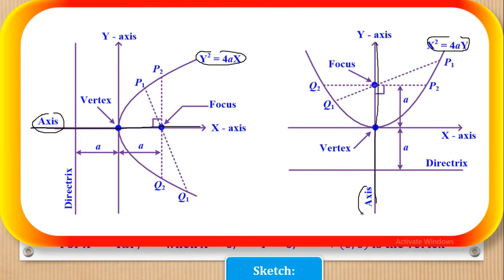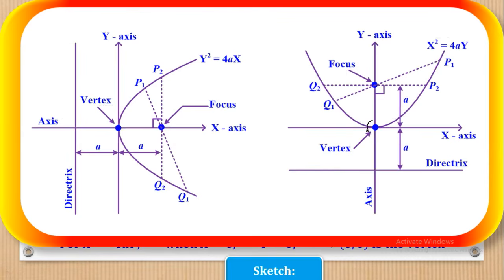Therefore that y-axis becomes your axis. Now it is not a must that it will always be the x and y axis which will be the axis, but what we know is that the axis will always be parallel to the y-axis or parallel to the x-axis, depending on the shape of the parabola, as we shall see further, because in this video we shall look at how a parabola is sketched.